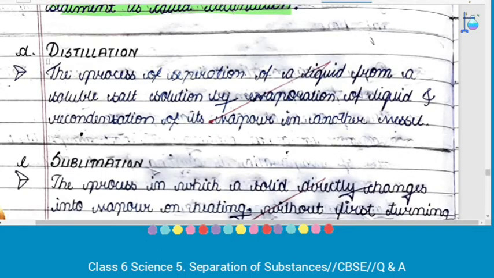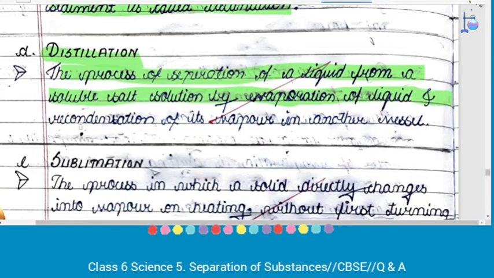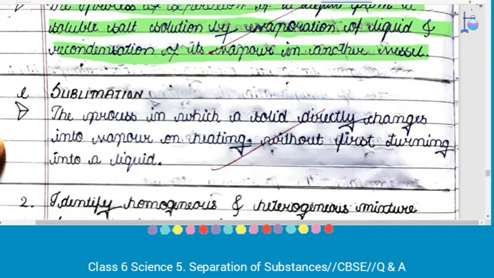What is distillation? The process of separation of liquid from a soluble salt solution by evaporation of liquid and recondensation of its vapor in another vessel is called distillation.